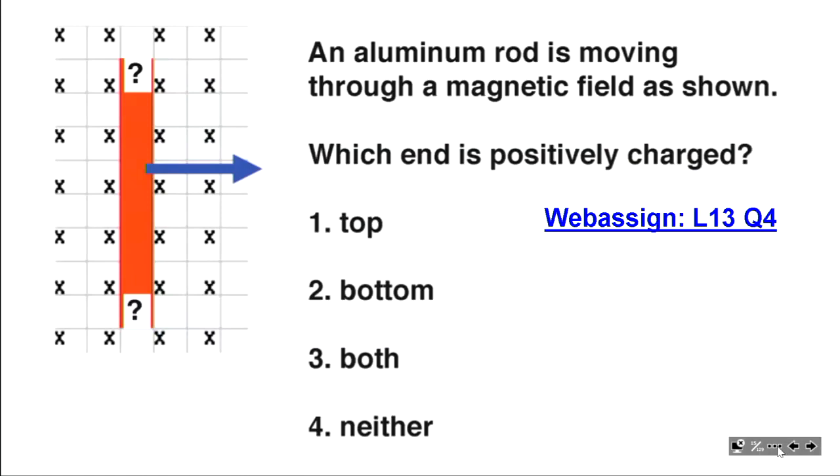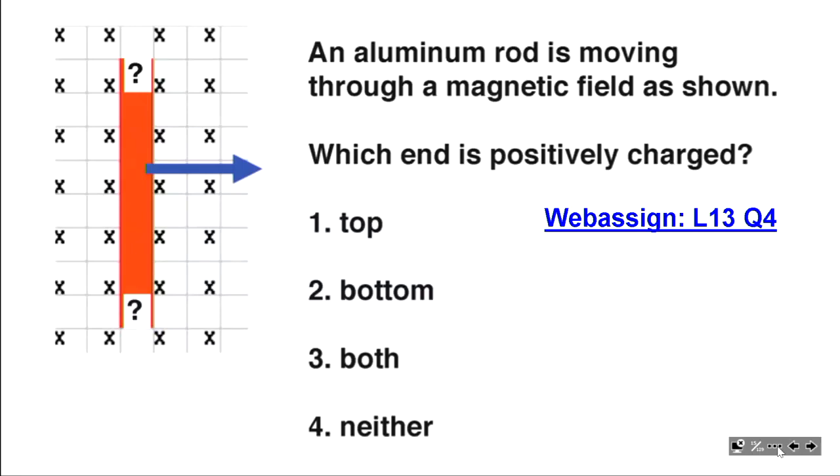So we have a conductive bar. Aluminum is a conductor, which is moving to the right with a constant velocity in the magnetic field, which is directed into the screen, or we can say away from you. What does every conductor have? It has electrons which can freely move inside.